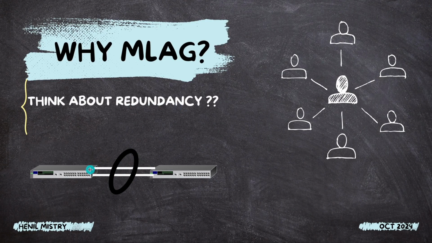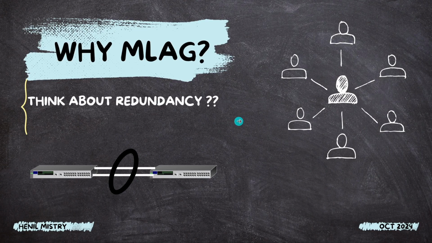Now just assume what happens if one of the switches goes down. Then what's the point of these port channels? All the ports become useless, because if that switch goes down, none of those ports can be used, as they are connected to a device which is not working.